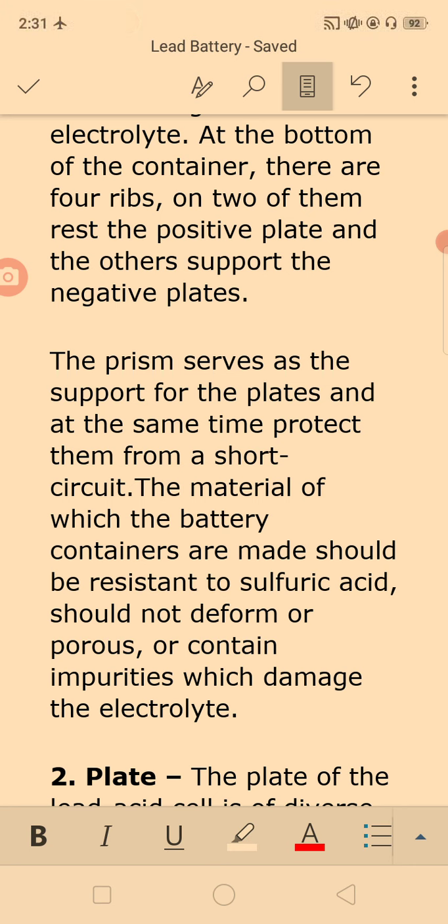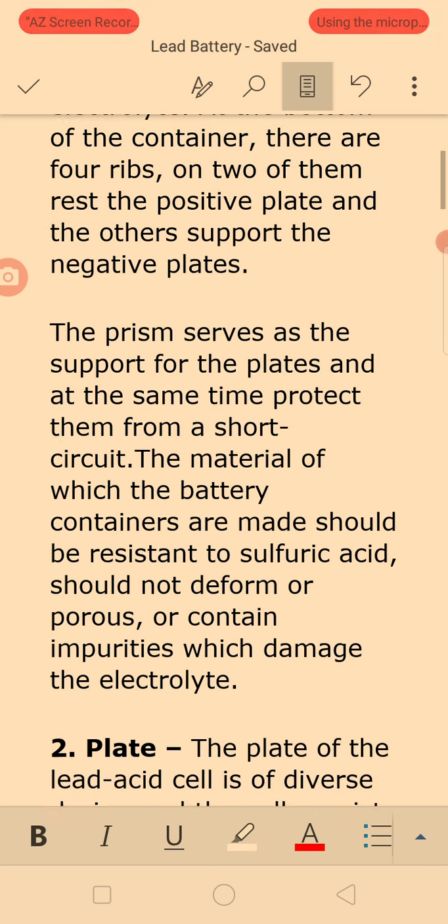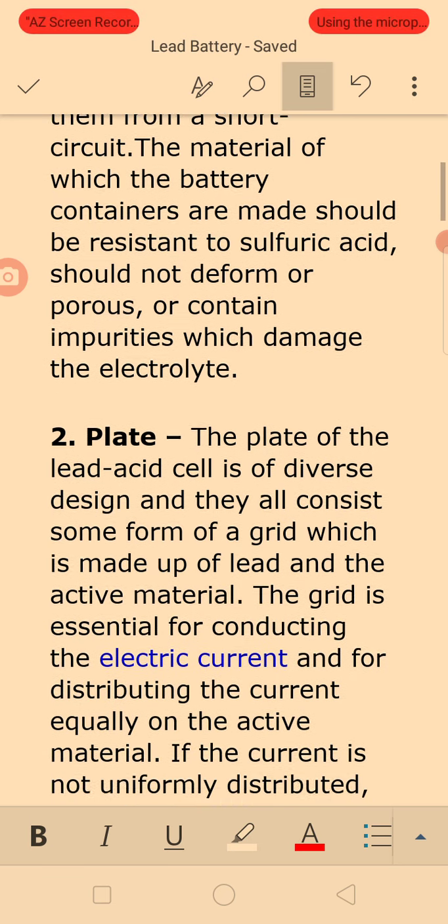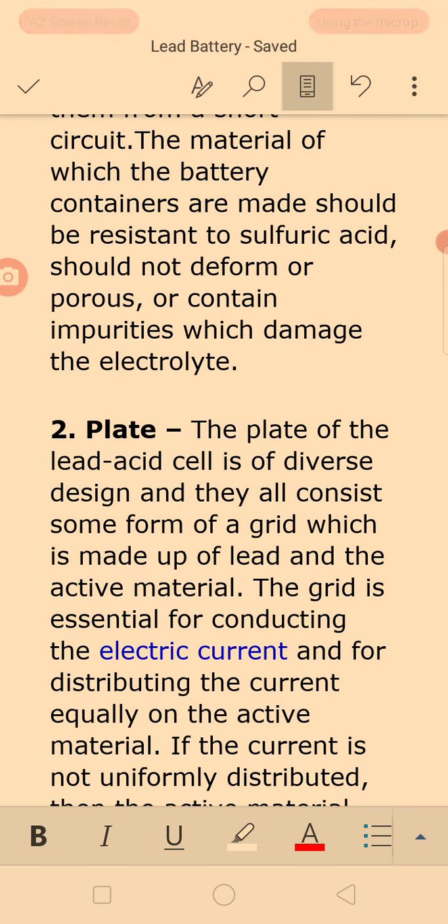These materials are resistant to the electrolyte, which is sulfuric acid. The second important part is the plate. The positive plate is of lead, while it acts as an anode, while the negative plate is of lead dioxide, PbO2.